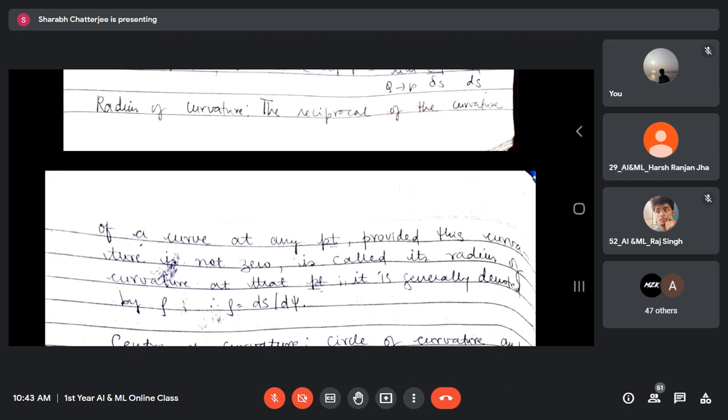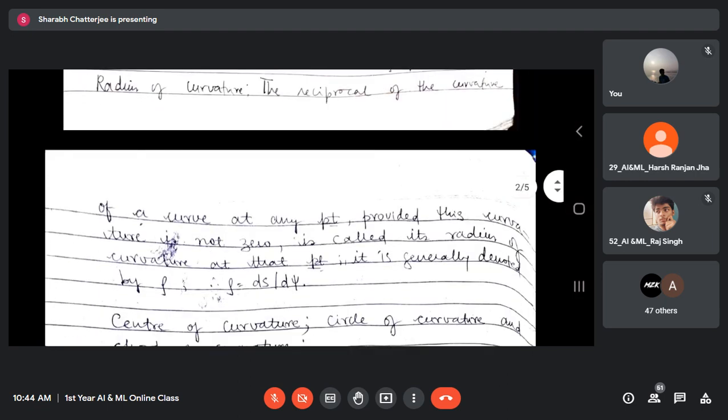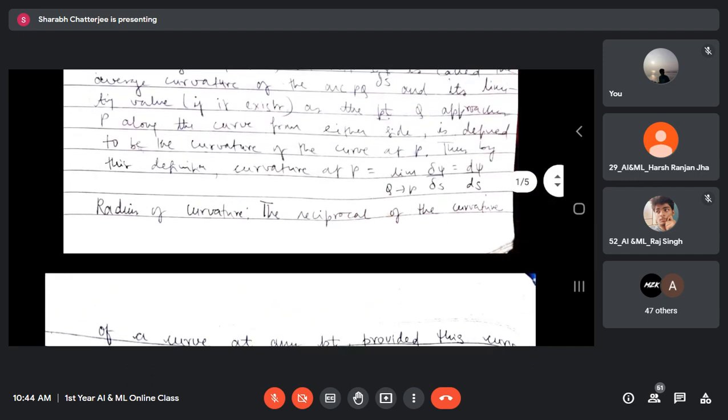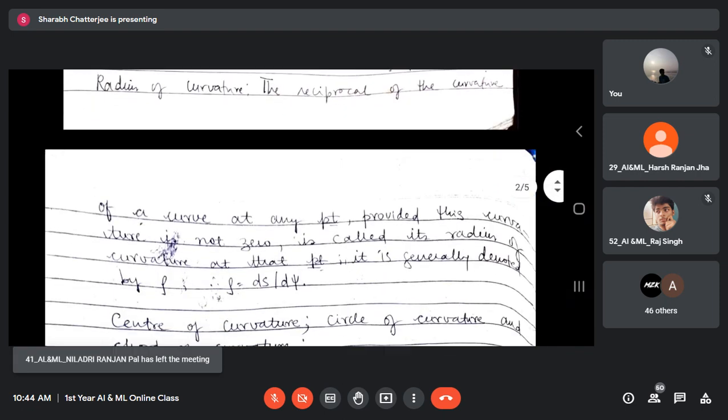Radius of curvature is the reciprocal of this, that is ds by d psi.